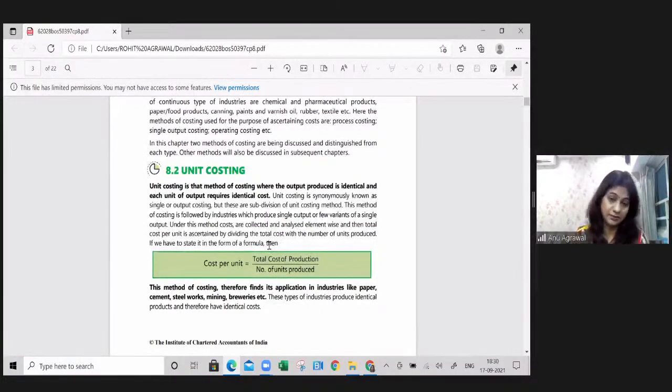We can treat it as capital, but if it is the rental amount which is not actually being charged by the owner, and still you want to put it in the cost sheet, then if it is a rent of the factory, it will go into the factory rent. If it is the rent of an office, it will go into the office rent.